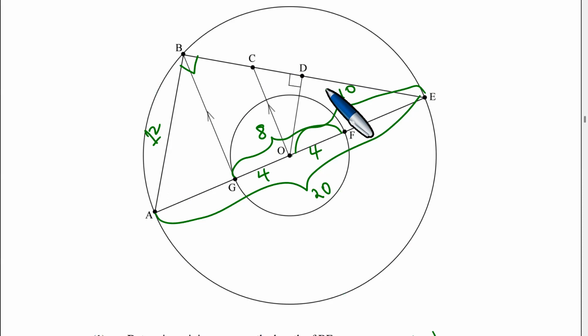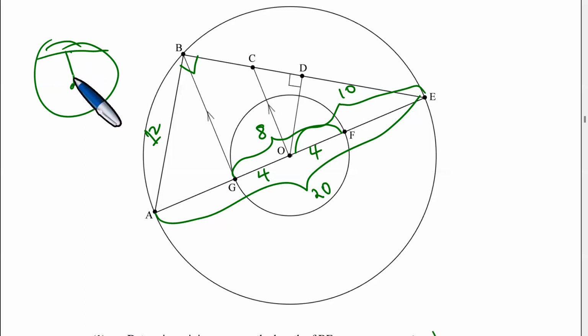Right, so there is a line from the center that is perpendicular to the chord. According to that theorem, a line from the center perpendicular to a chord must bisect the chord.